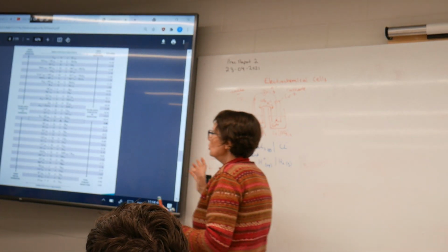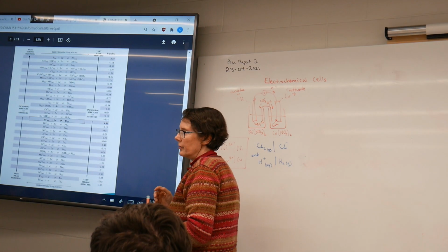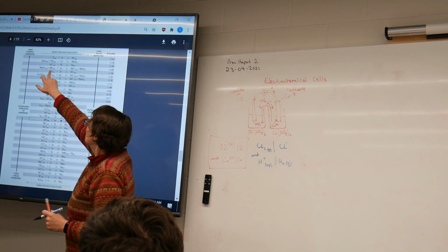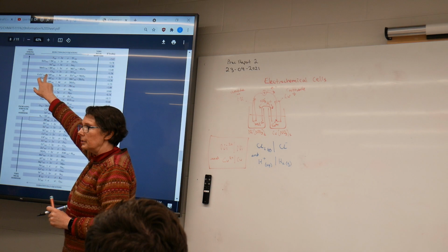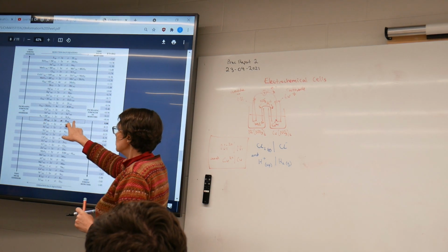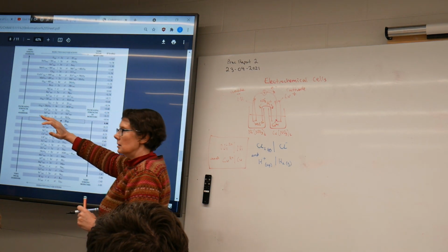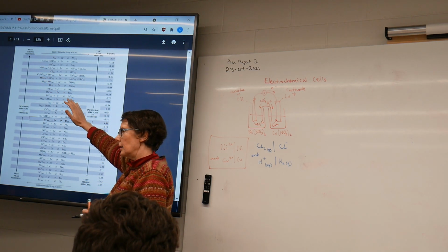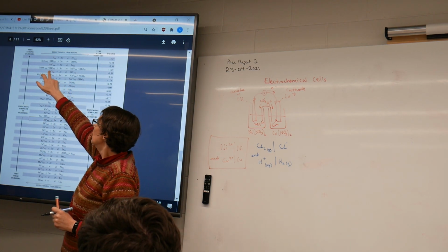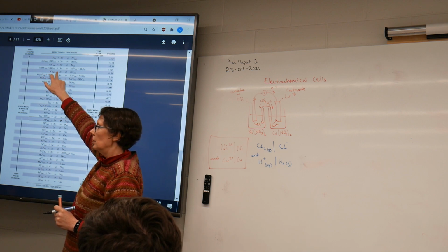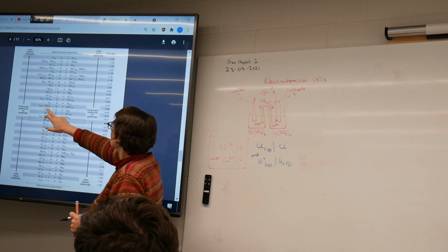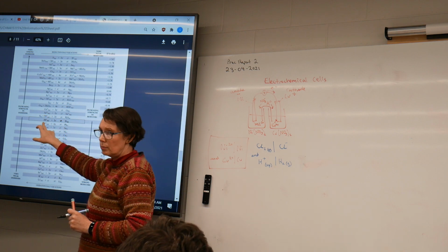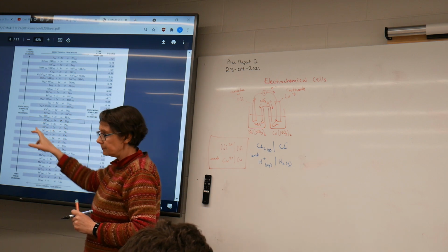Now we need to look and find those two half equations on our electrochemical series, and I can see here we've got the chlorine one up the top and we've got the hydrogen one here. So knowing that our stronger oxidizer reacts with our stronger reducer, we're going to have the chlorine being reduced to the chloride ion and the hydrogen being oxidized to H+.